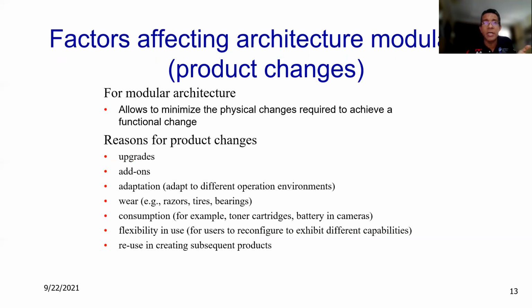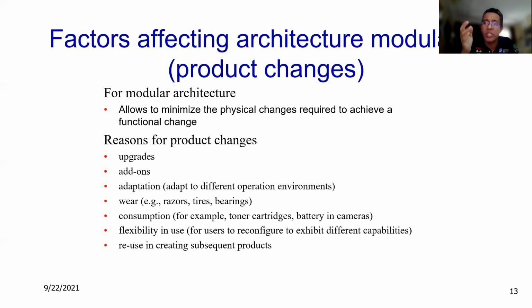So for product change, the chunks are typically the building blocks of the product, but the architecture of the product defines how these blocks relate to the other functions of the product.